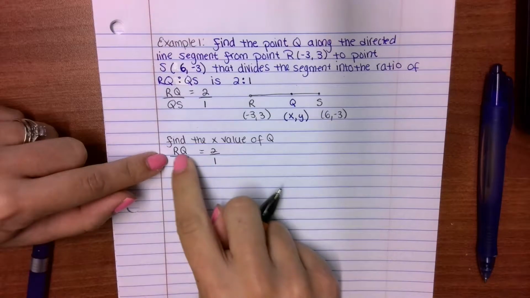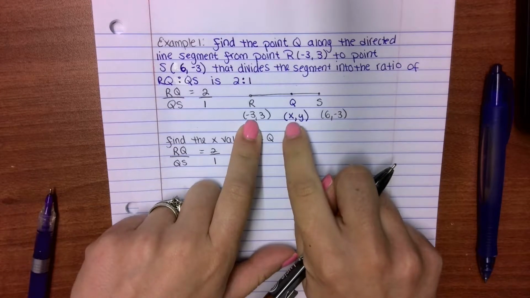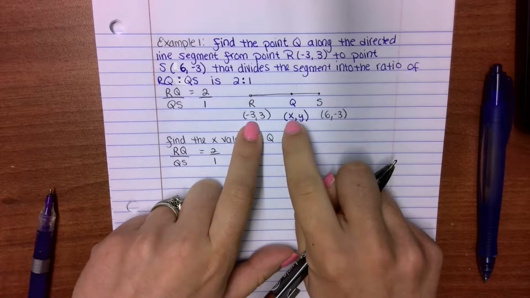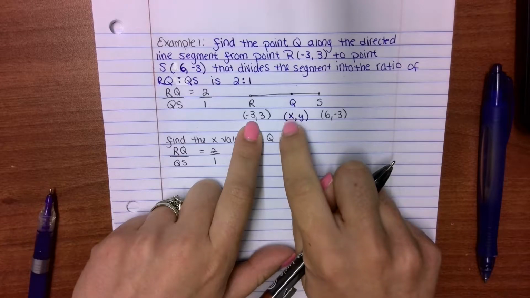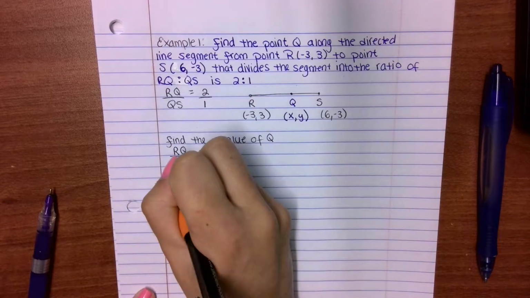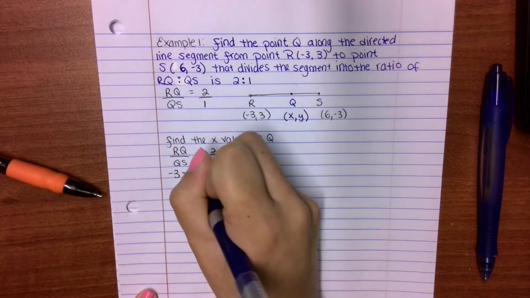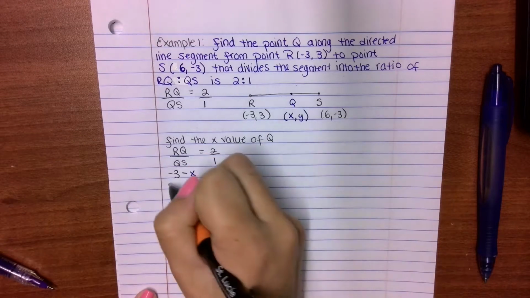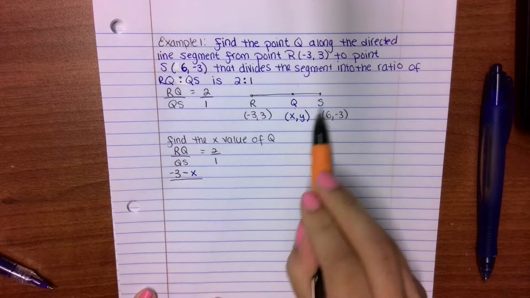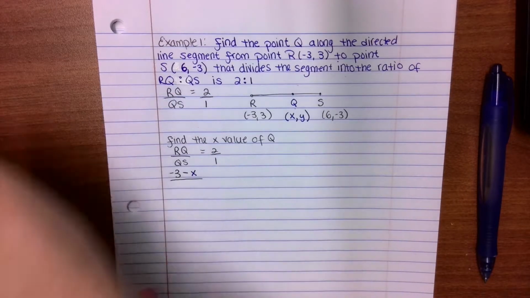So RQ, from R to Q, we want to know what is the x value. We want to know the distance between them. So we're going to do the x value of R, which is -3, minus Q's x value, which is unknown, so we're going to have a minus x. So we're going to have -3 minus x, and it's divided by Q to S. Q to S, all you care about are the x values, so it will be x minus 6.